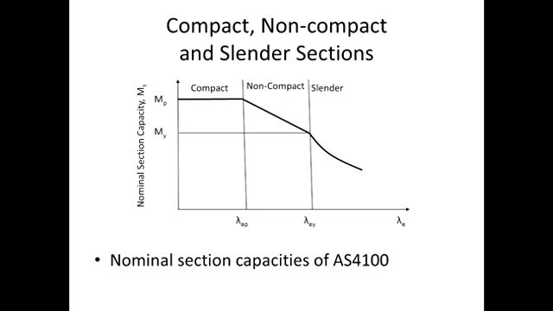And then if we are looking at slender sections, then we are more likely to have our values of MS being less than MY. So what's the definition of MY? FY multiplied by ZE.